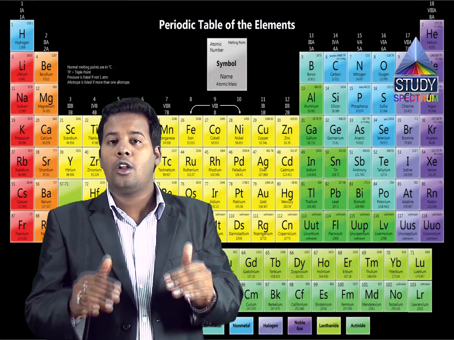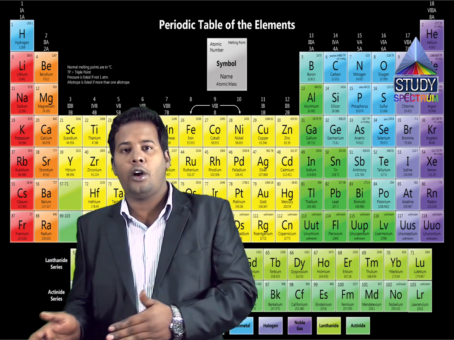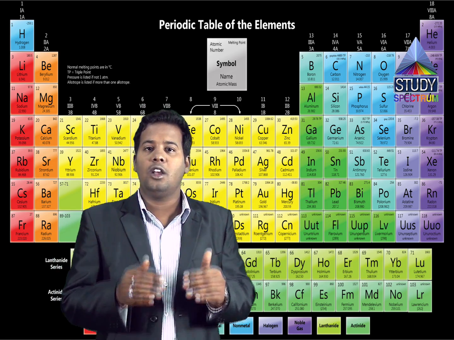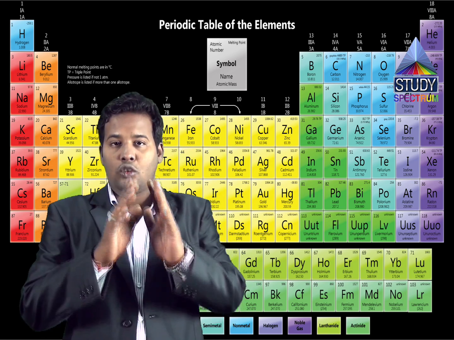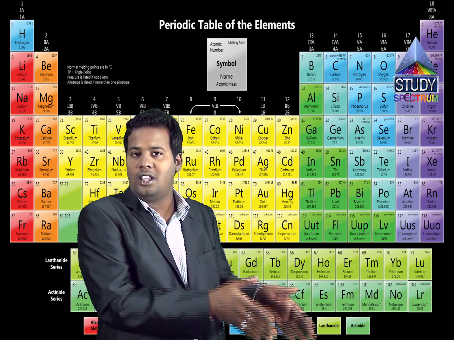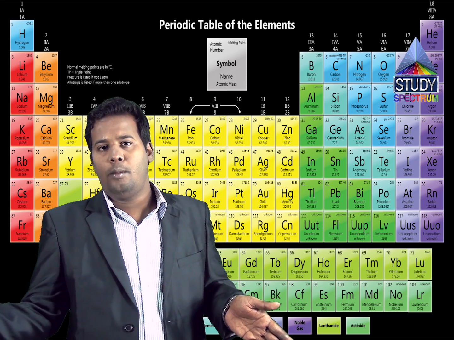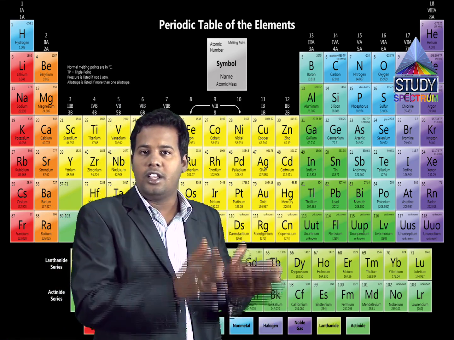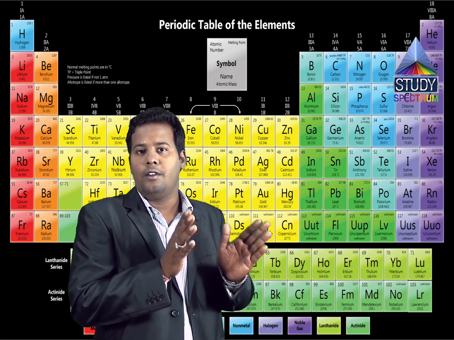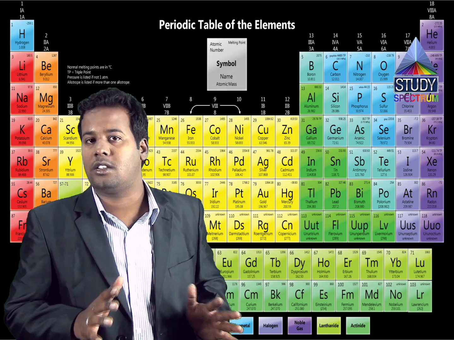The reason is, the basis of all those three scientists was increasing order of atomic masses of the elements, whereas in the modern periodic table, the basis was increasing order of atomic numbers. So please remember that during this chapter we will figure out how these three scientists failed just because of one basis which was common between them, that was increasing order of atomic masses.